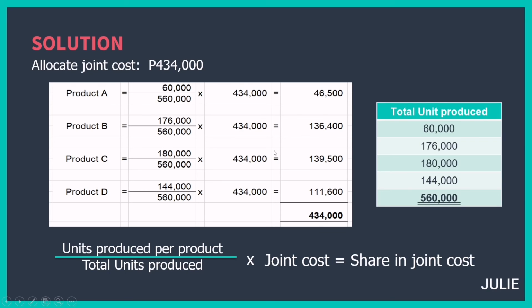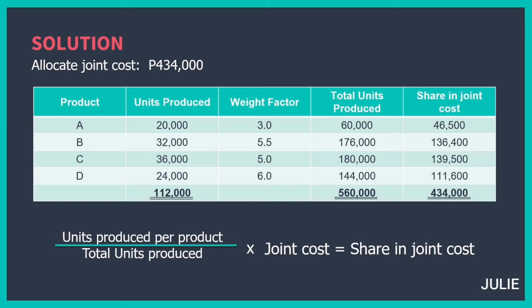After allocating the joint cost, the table would be like this. We will now have units produced, weight factor, total units produced, and the share in joint cost. Again, in getting the share in joint cost under the weighted average method, the formula that we use is units produced per product divided by total units produced multiplied by the given joint cost equals share in joint cost. Product A, we have now 20,000 units produced, 3.0 weight factor, 60,000 total units produced, and 46,500 joint cost.